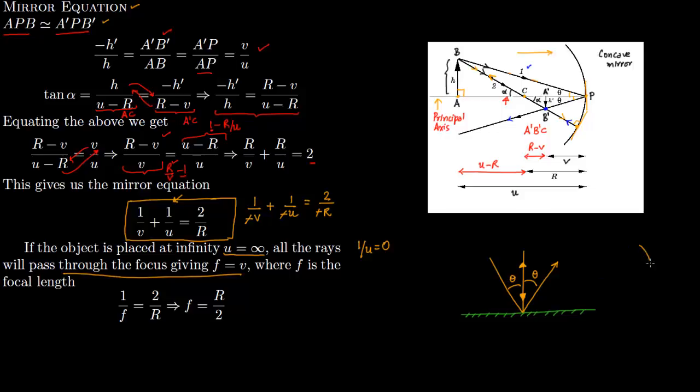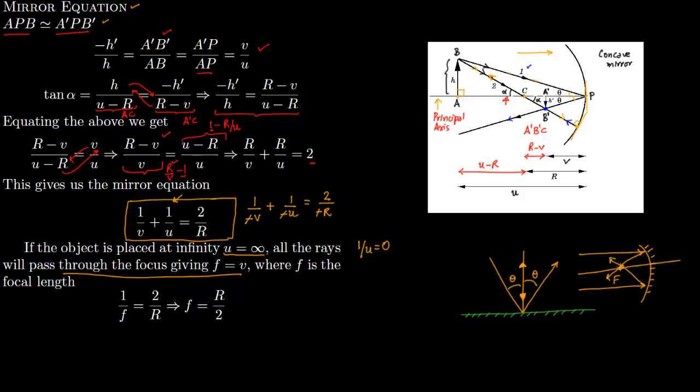So basically what we are saying is you have a concave mirror. Now we have already seen that if you have a concave mirror like this and say this is the focus of the mirror, if the rays are going parallelly, they will get reflected and pass through the focus.